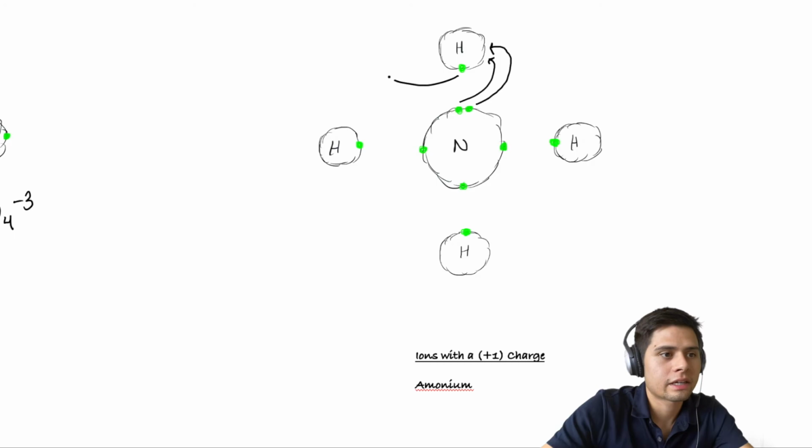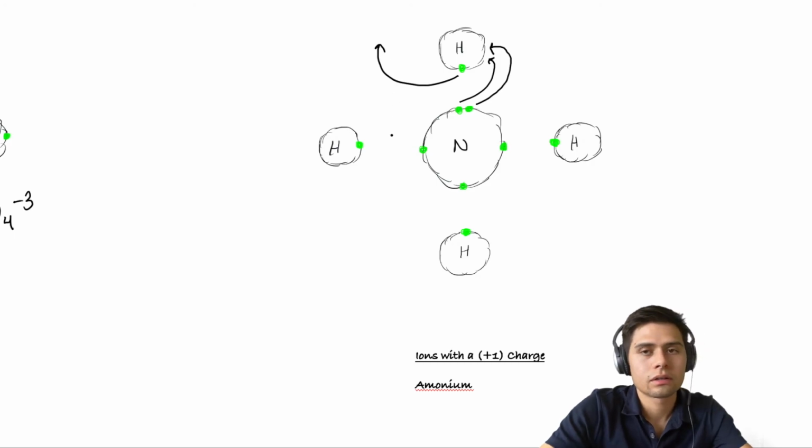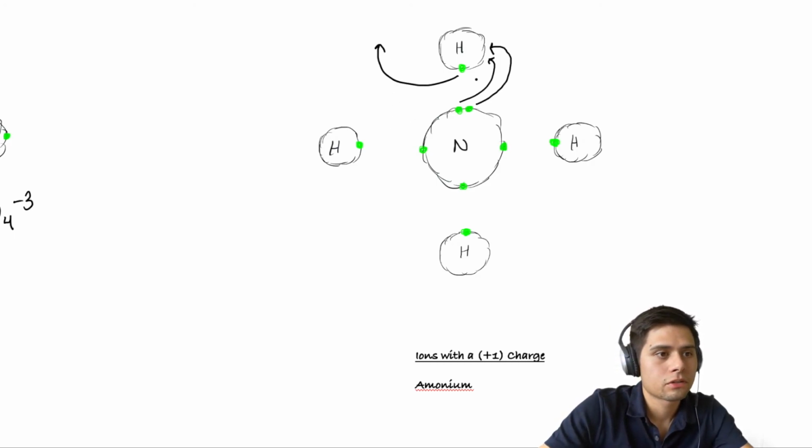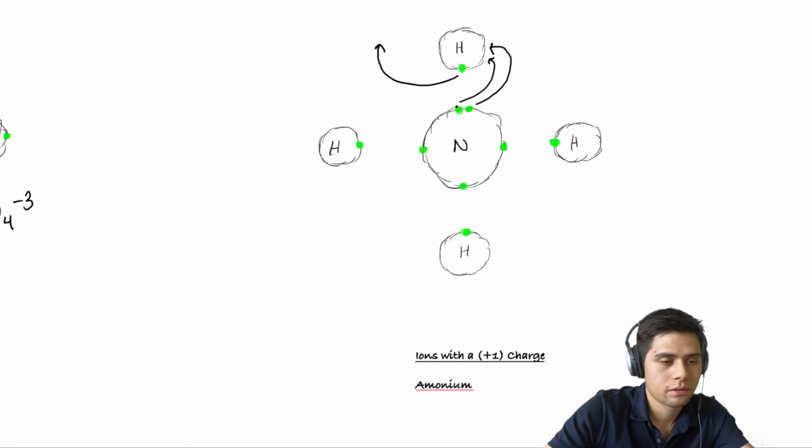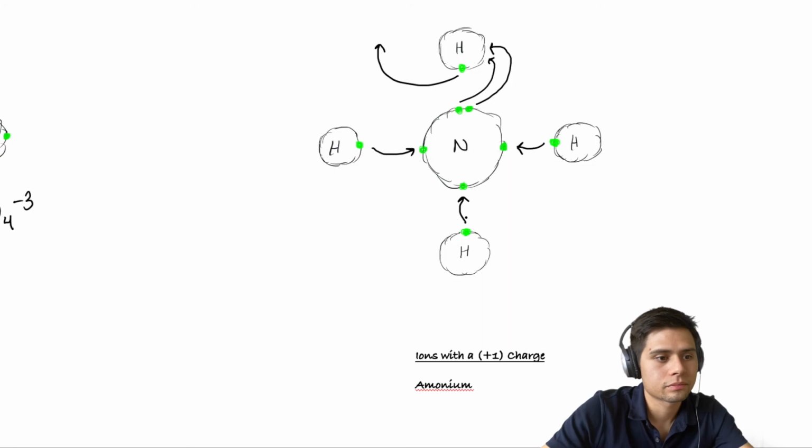And this guy's going to get kicked out. So now hydrogen has a full shell on it, but it kicked an electron out to do that. And then we have these guys pairing up, these guys pairing up, and those guys pairing up.